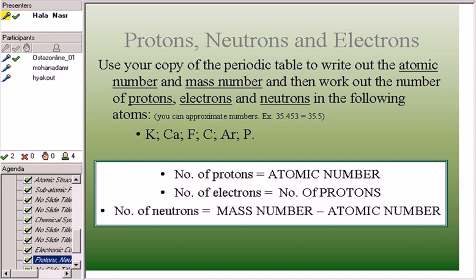Use the copy of the periodic table to write out the atomic number and the mass number. Before doing so, I need to set an example.